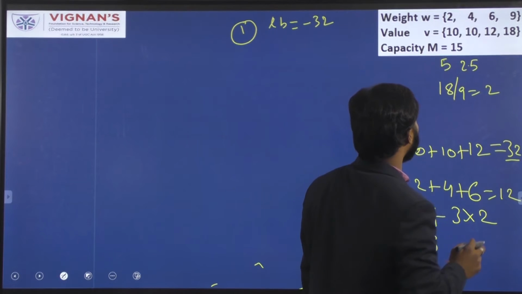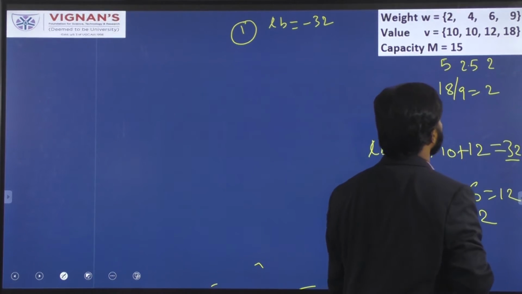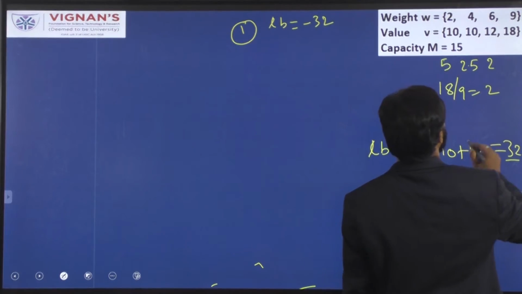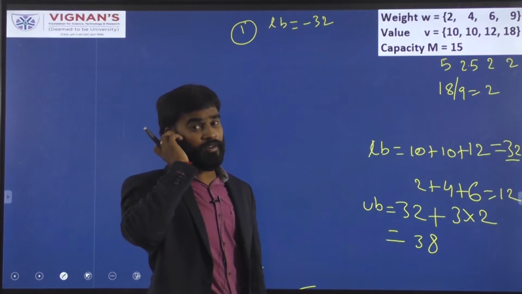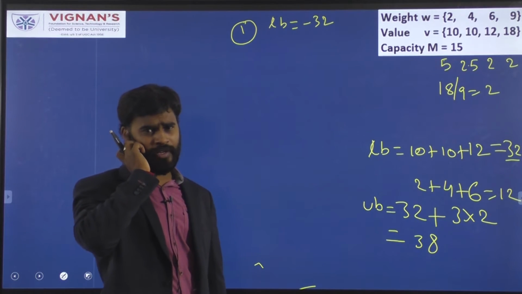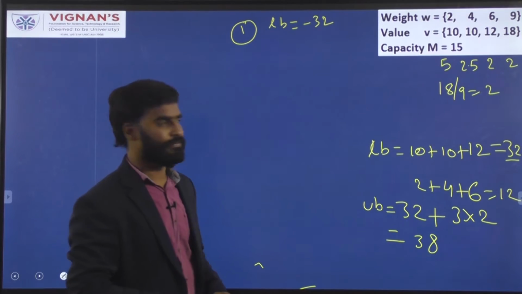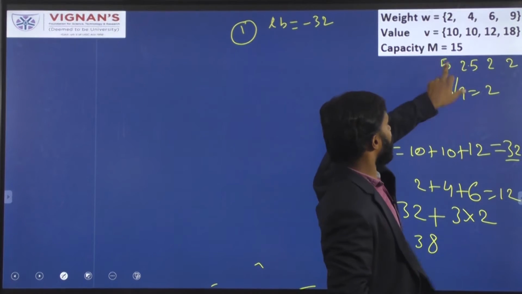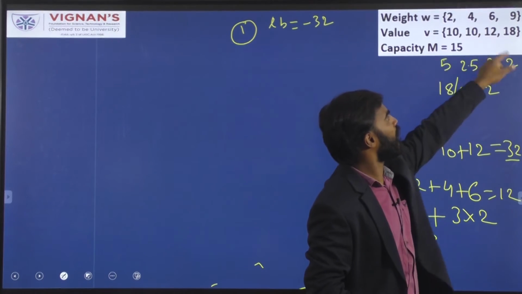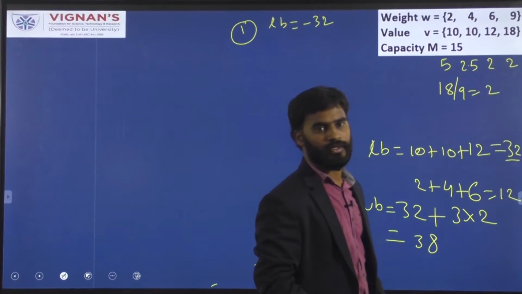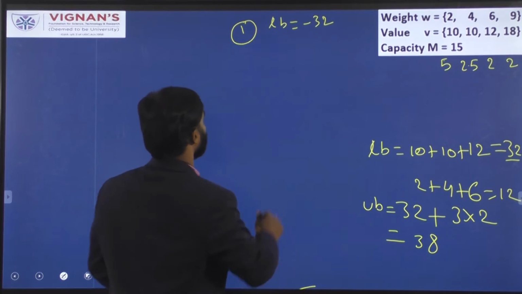The profit of the third item is 2 per kg, and the profit of the fourth item is 2 per kg. How to calculate profit? The formula is the value of an item divided by the weight of an item: 10 divided by 2 is 5, 10 divided by 4 is 2.5, 12 divided by 6 is 2, 18 divided by 9 is 2.